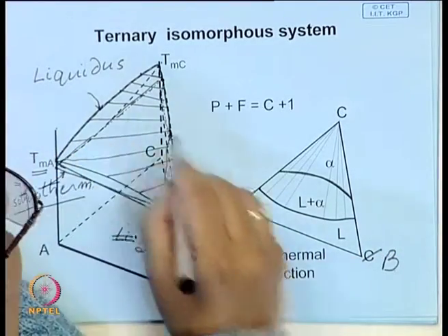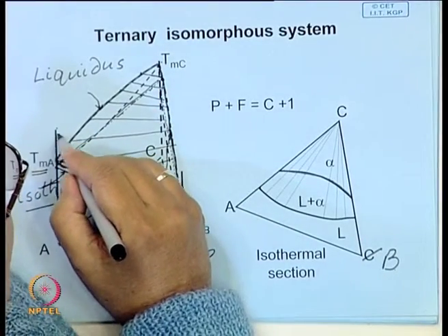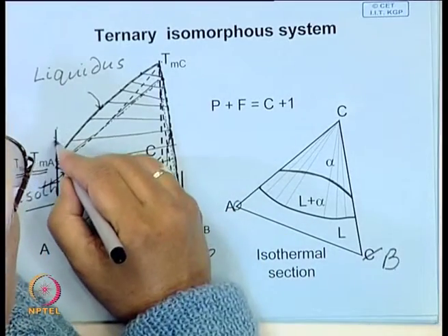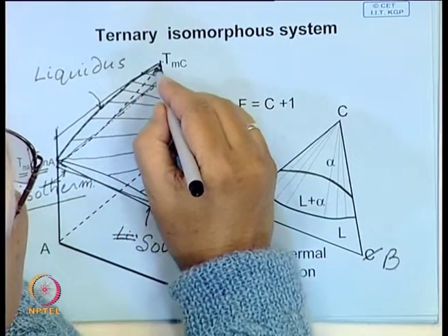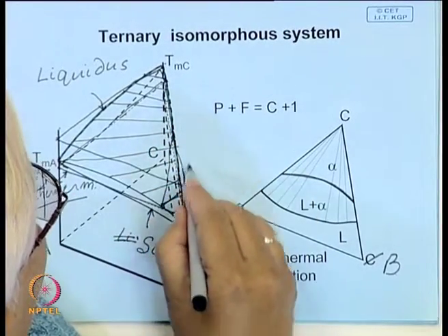This diagram actually represents a section somewhere above the melting point of A, somewhere here.